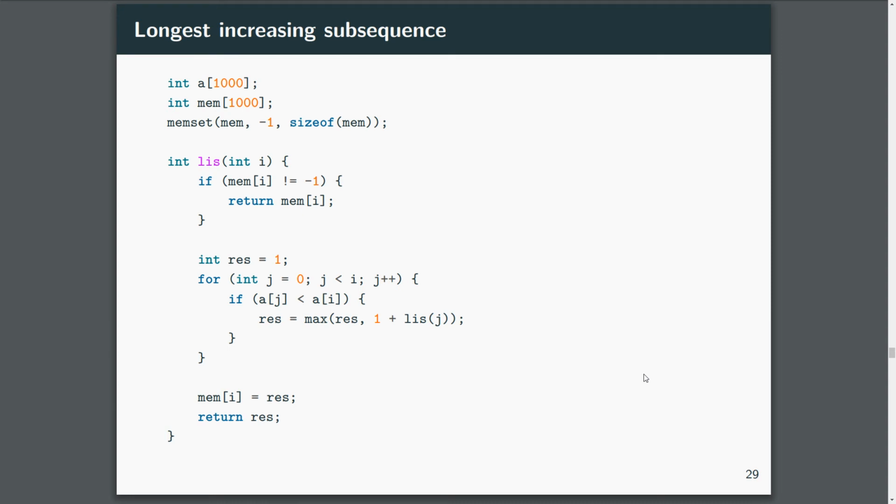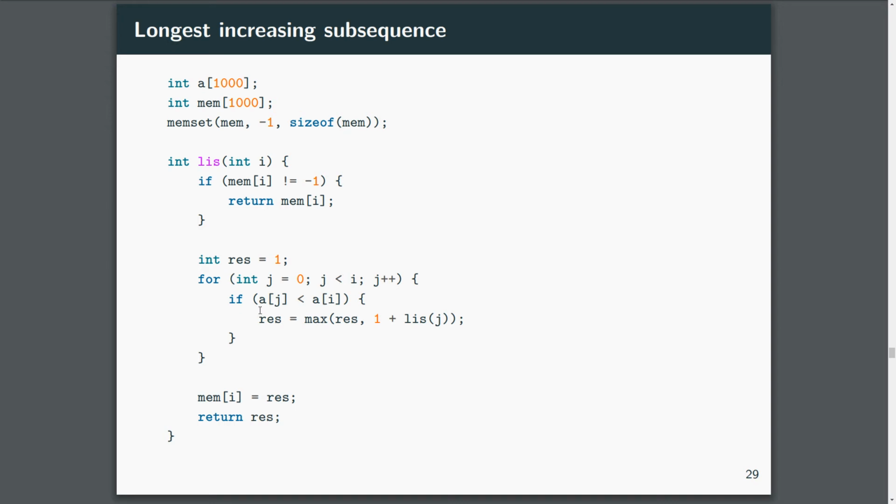Okay, so how do we do this in code? Well, we have our array, we have our memory, and we initialize it with -1. We didn't have a base case, so we just go straight to checking if it's in memory. And then we loop through all values of j up to i.